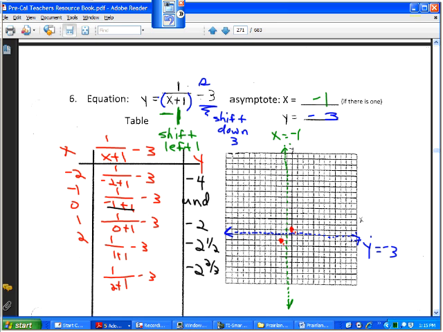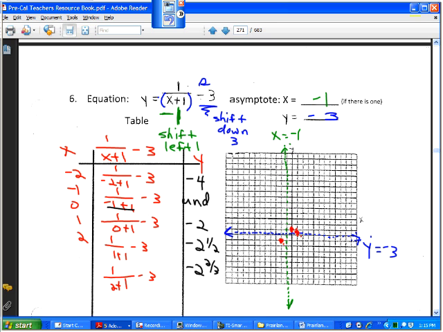I'm getting mixed up. 1, negative 2.5. Thank you. So I've got to the right 1, down 2.5.